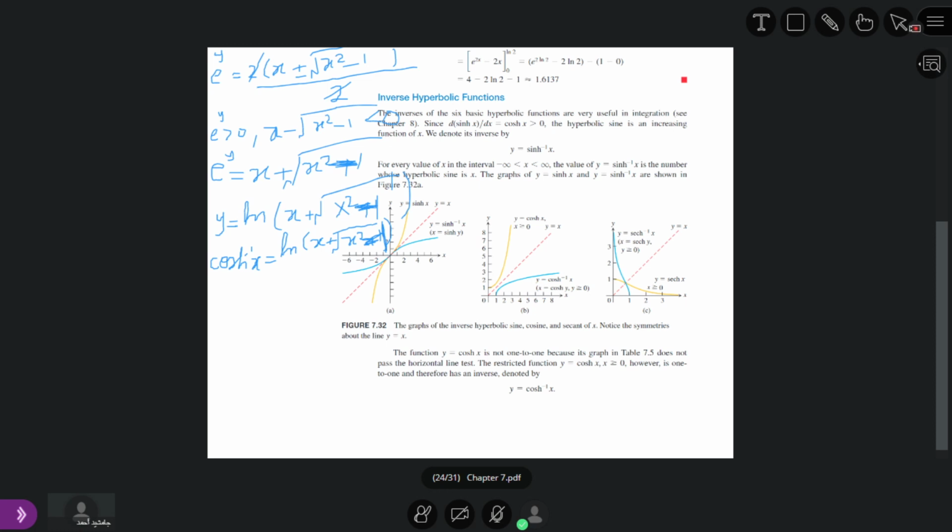Then we take log natural on both sides, and we get y equal to ln of x plus square root of x square minus 1. Now we put the value of y, which is cosine hyperbolic inverse x. So cosine hyperbolic inverse x is equal to ln of x plus square root of x square minus 1. So this is our class for today.